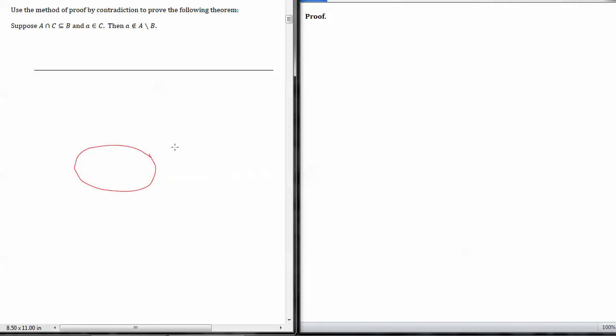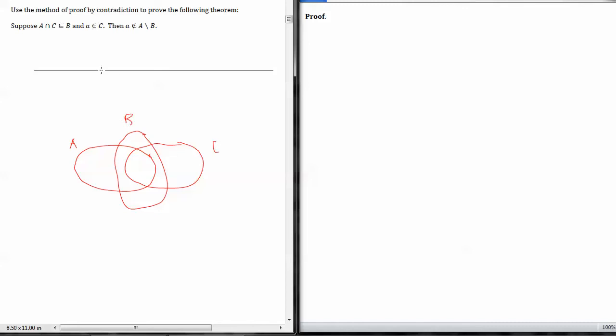So we have A intersect C appearing, so maybe I can make an A and a C. And the intersection of the two in here is a subset of B, so B might be something like this. Okay.